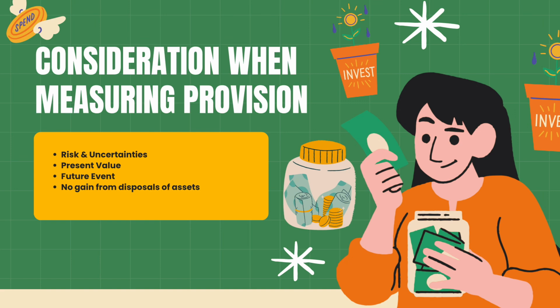For present value, if you want to settle your obligation beyond 12 months after the end of the reporting period, then the amount of provision should be in present value. The future event is to include certain adjustments for future events. And for no gain from disposal of assets, this gain cannot be taken into account because these gains are included in the income statement at the time specified by another IAS standard.